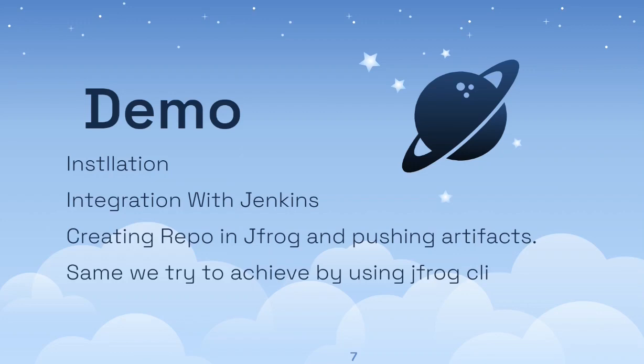In the demo we will first do the installation, and then we will go to integration with Jenkins. We will create its pipeline and push artifacts. First we will create it by Jenkins plugin, and then we will try it with the JFrog plugin, and we also use JFrog CLI.